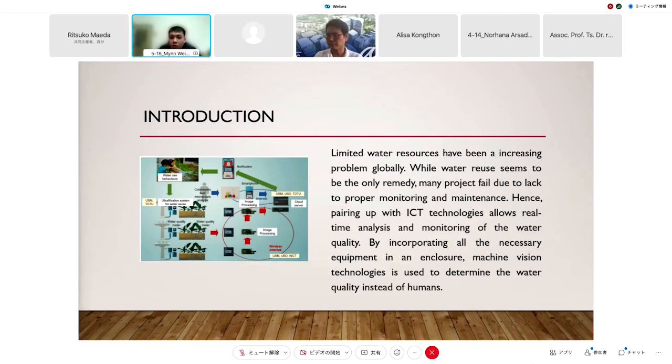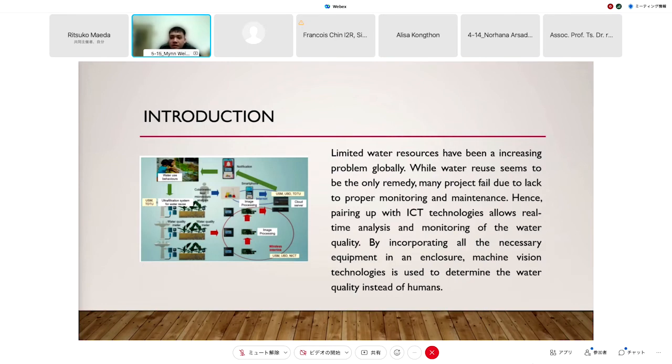While water reuse systems are the only way to tackle this problem, many of these projects fail because of improper monitoring and maintenance. By using ICT technologies, we can have real-time analysis and monitoring of the water quality.